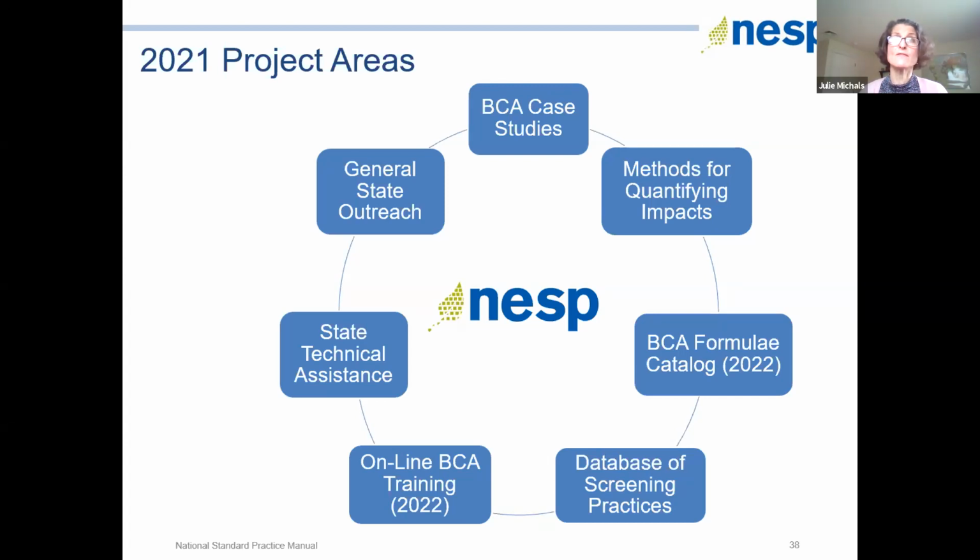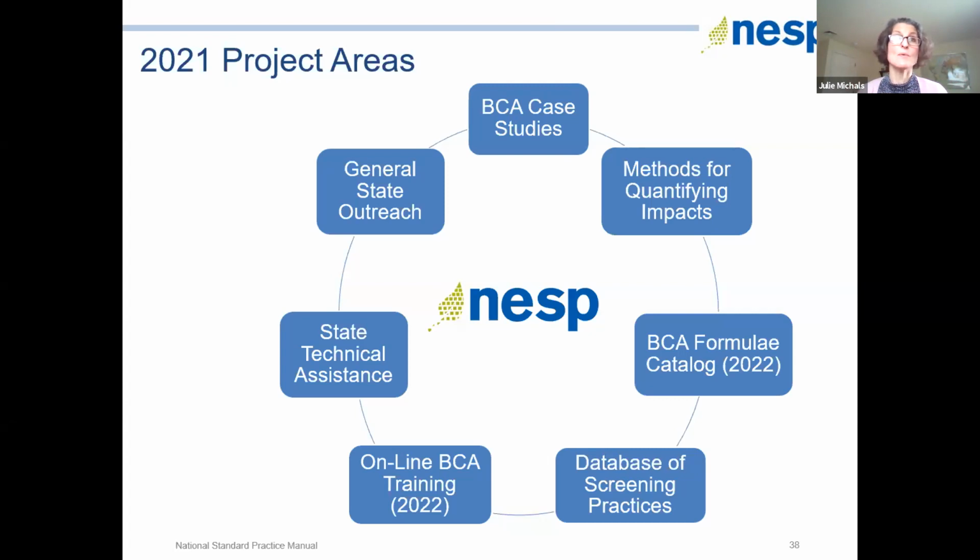We are launching an effort to create a document library of sorts on methods for quantifying impact. It's referred to as the methods, tools, and techniques for quantifying impacts, both utility system side and non-utility system side. Synapse Energy Economics is leading that work, with some others, to develop a library that you all can use to readily find existing information on ways and options to quantify different impacts.